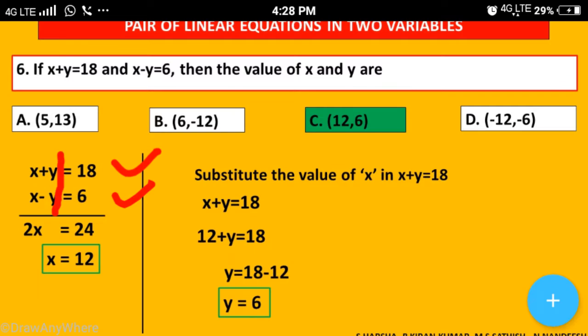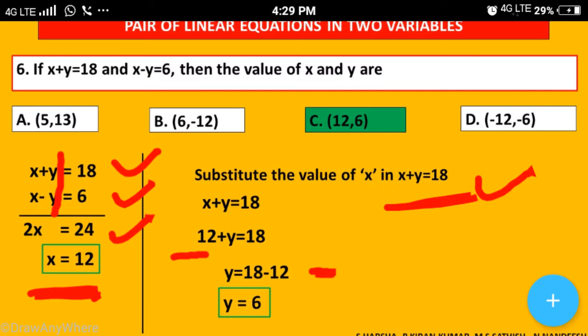When we add these, the y term gets cancelled and 2x becomes 24, then x becomes 12. Now we have to substitute this value of x equals 12 in either equation 1 or equation 2. Here we substituted in equation 1, that is x plus y equals 18. So the x value is 12. When 12 comes to the other side it becomes minus 12. So therefore the answer is 6. So x equals 12 and y equals 6 is the answer. Option C is the correct answer.